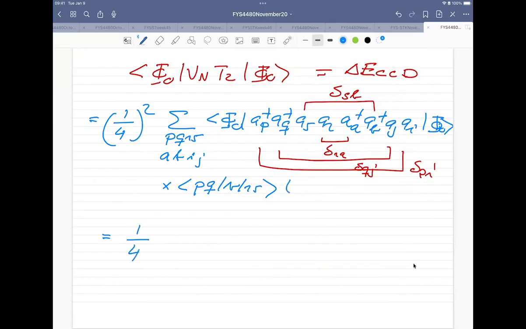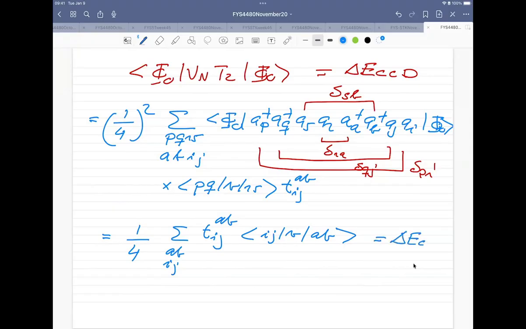By the way, I forgot actually to set up t_ij^ab, the amplitude. Sorry, that should also be there. So what I get then is a sum over ABIJ, t_ij^ab, and then the integral, due to all the Kronecker deltas, becomes simply equal to <ij|V|ab>, anti-symmetrized. And this is equal to the correlation energy from coupled cluster theory.